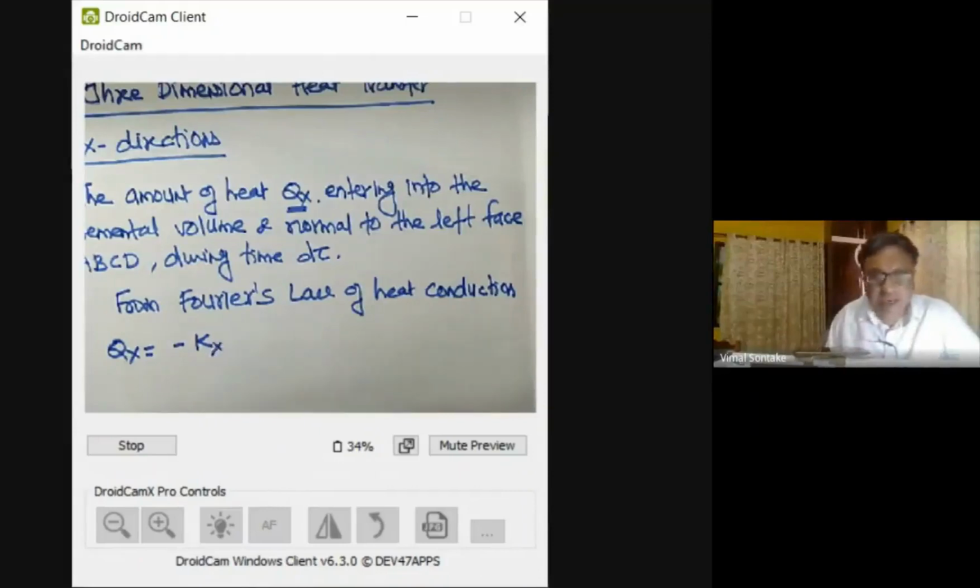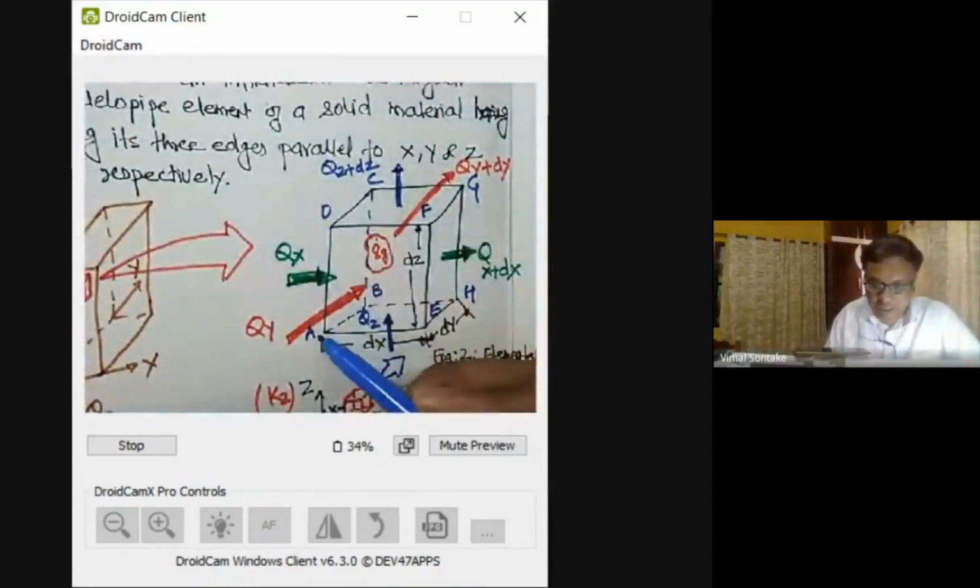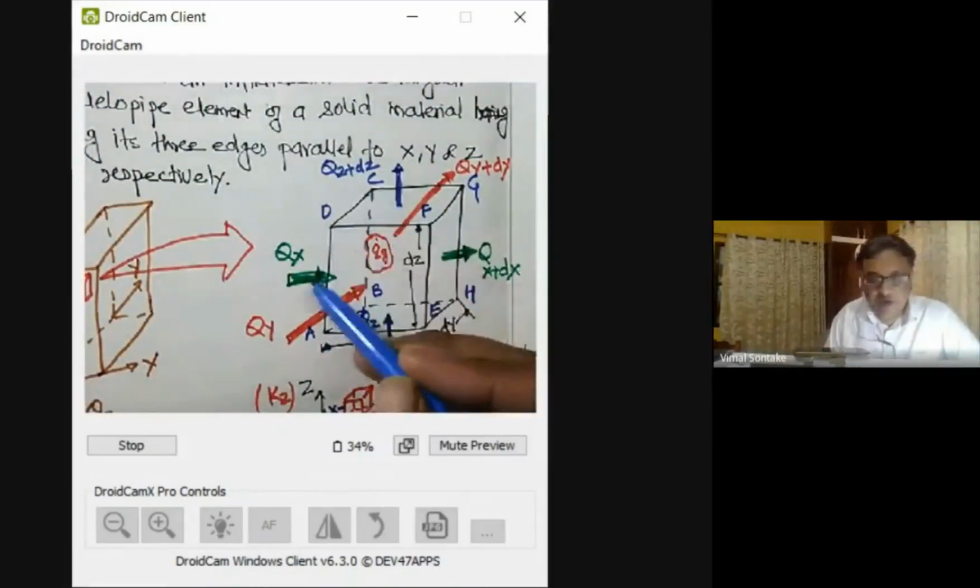So it will be Kx, then area normal to heat transfer. So what is the area normal to heat transfer in this case? If heat is perpendicular to this face A, B, C, D, the area of this face A, B, C, D will be the area normal to this heat transfer Qx.